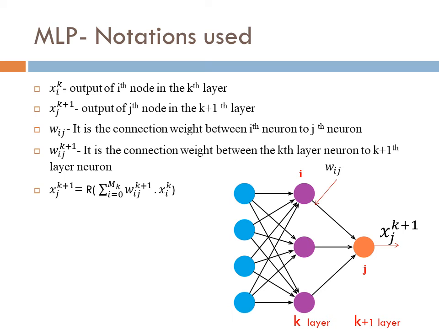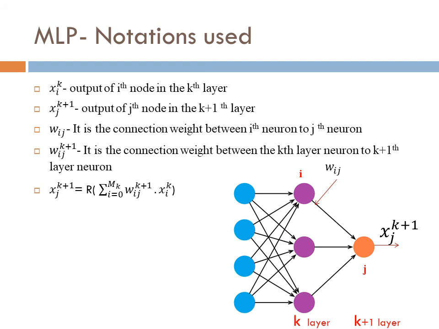So the input that we are getting to the orange node is from all the nodes of the purple color, which can be represented as w_ij. Here w_ij is nothing but w_1j, w_2j, w_3j. Why? Because there are only 3 nodes in the kth layer, multiplied by the input given to those purple nodes, which can be represented as x_i^k.